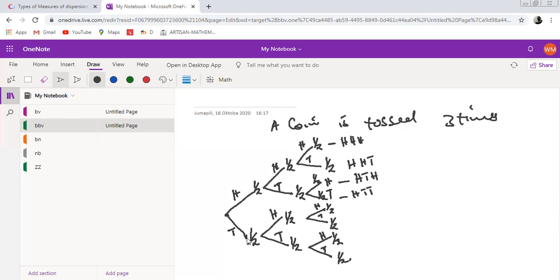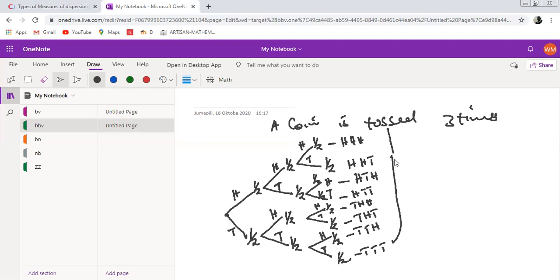This represents tail, head, head. This represents tail, head, tail. This represents tail, tail, head. This represents tail, tail, tail. Like that, that is the tree diagram with all the possible outcomes and their probabilities.